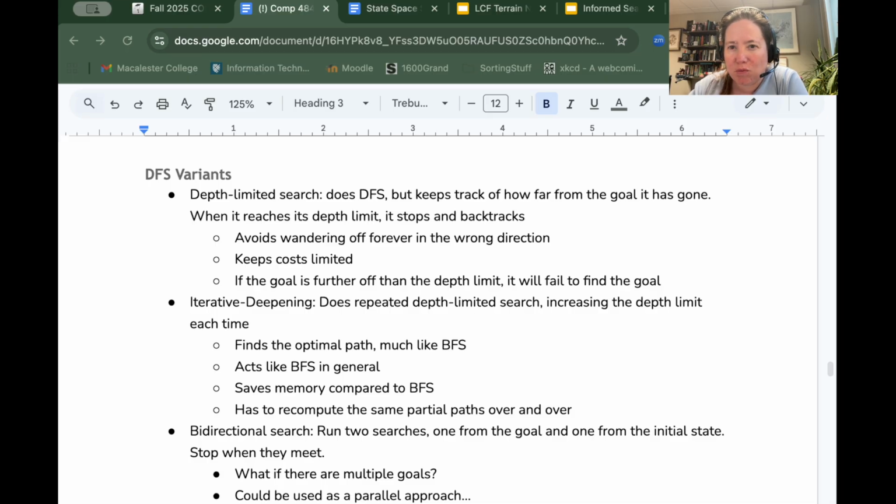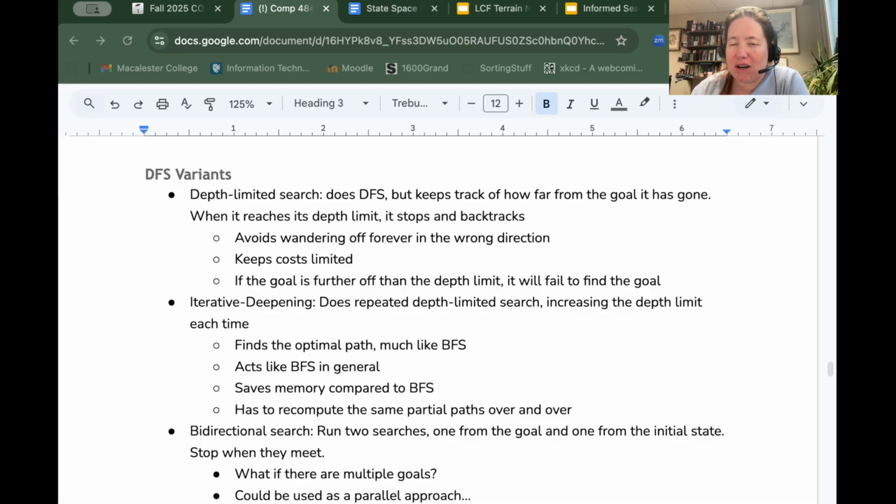And depth first search, if the search space is finite, is guaranteed to find a solution. It may not find the optimal one, but it is much more efficient in terms of space usage than breadth first search.